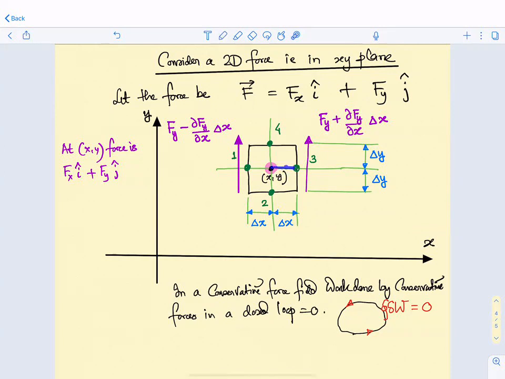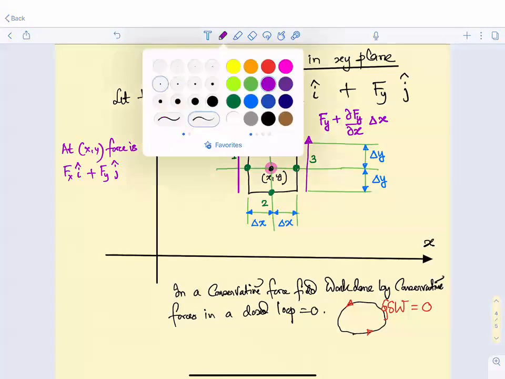See, from here to here, from the center point of the rectangle to this point 3, the rate of change of fy with x is del fy del x and multiplied by delta x. This means this length is delta x. Okay, so we are concerned with the y component here.